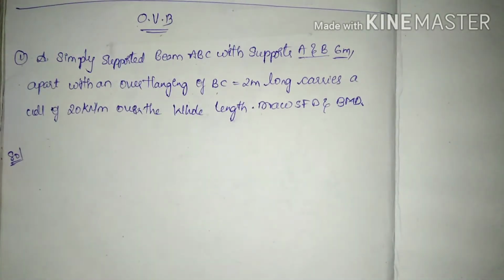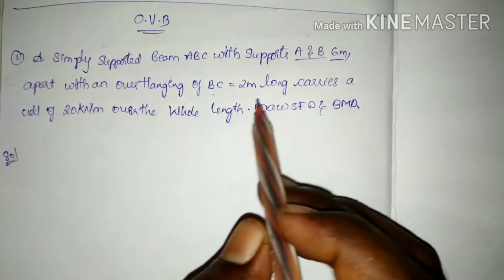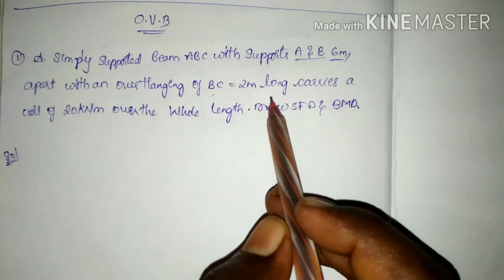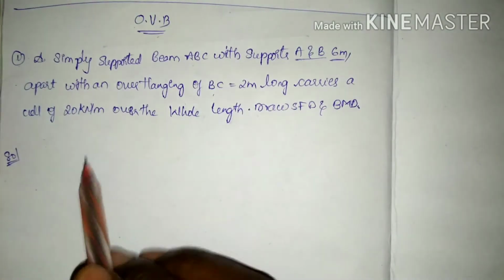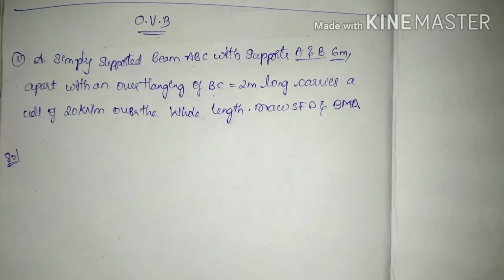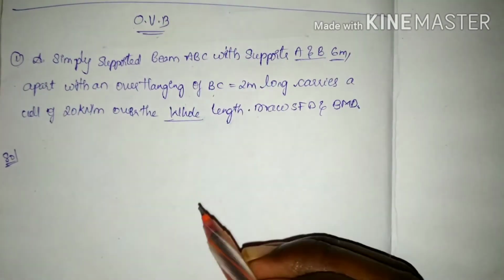The beam carries a UDL of 20 kN per meter over the whole length of the beam. We can also write this as the entire span.